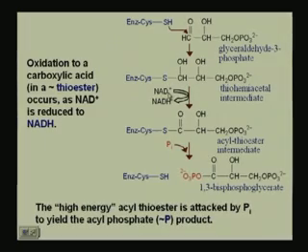Then NAD plus is reduced to NADH. In the process we get an acyl thioester intermediate. Where is this thioester? You see this CHOH is now C double bond O, and the S is part of the cysteine, so it becomes a thioester, an acyl thioester intermediate. Okay.